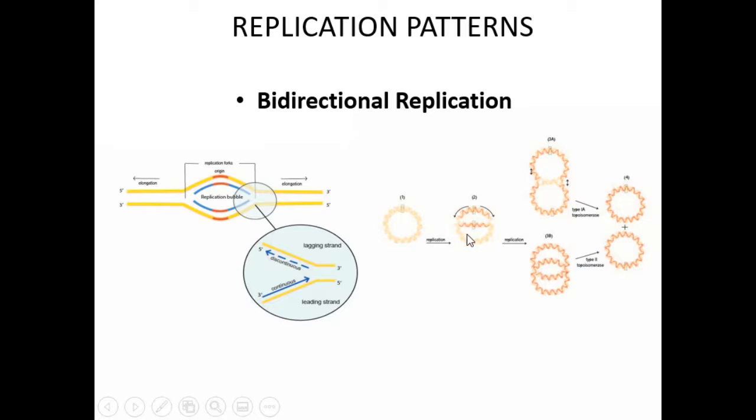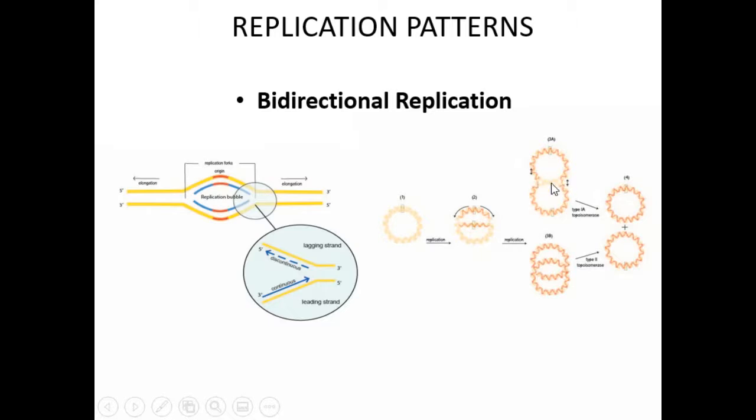The bubble will expand, and you will see it become a theta shape, until both replication forks, 1 and 2, meet at the end.